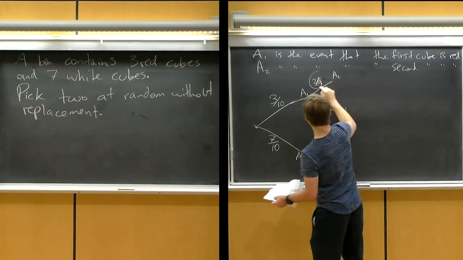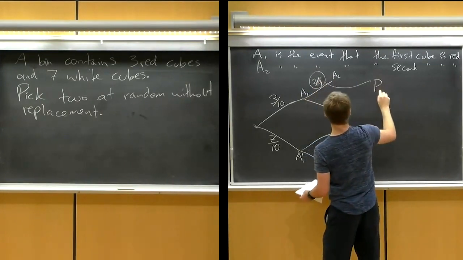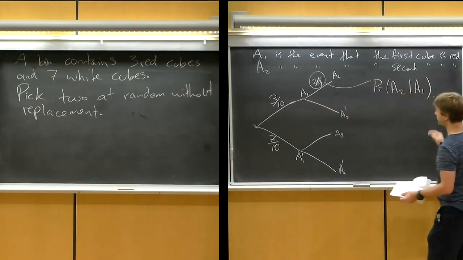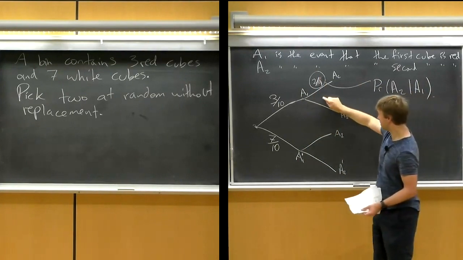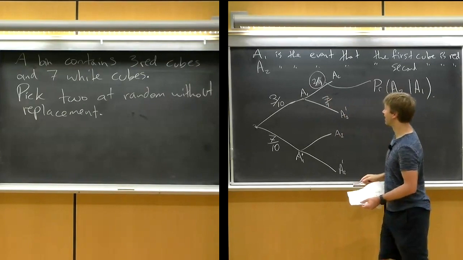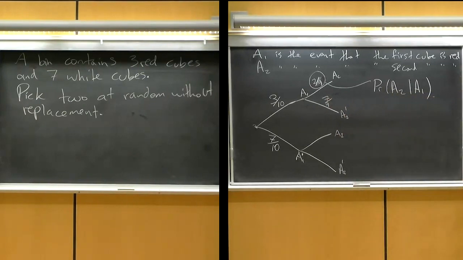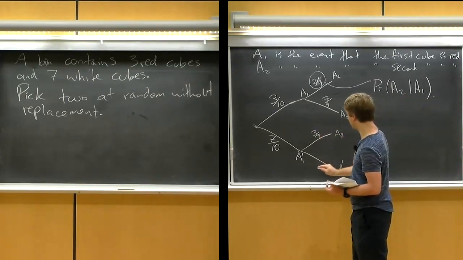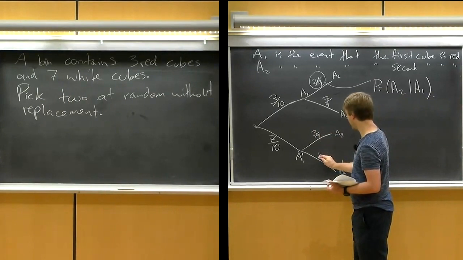Here, we label it with the probability of A2 given A1. And this one should be 7 over 10. Or sorry, 7 over 9, because if I've already seen one red cube, I've got 9 left, 7 of them are white, so a 7 over 9 chance of getting white. And here we should have 3 over 9 and 6 over 9.